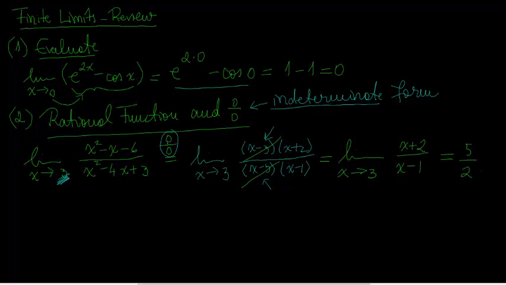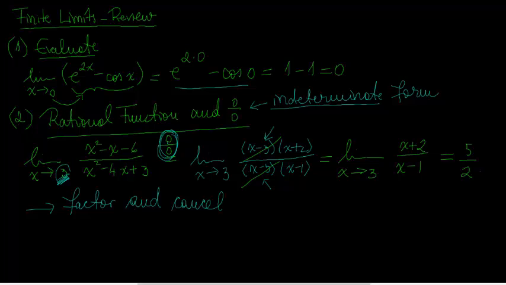So again, the technique when dealing with a rational function and encountering the 0 over 0 is going to be to eliminate the source of the 0 over 0 form. Namely, we're going to have to factor both the numerator and the denominator, and we're going to cancel the source of the 0 over 0.